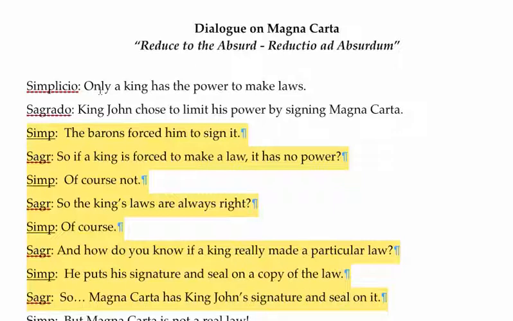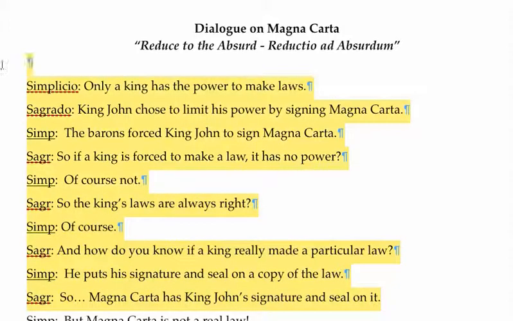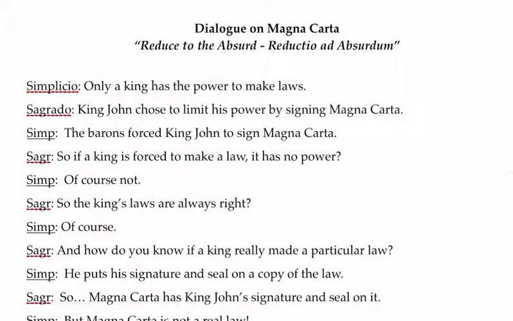So even though the barons forced King John to sign Magna Carta, the real truth of the matter is that it has King John's signature and seal on it, and that's what makes it a law under the English legal system at the time.